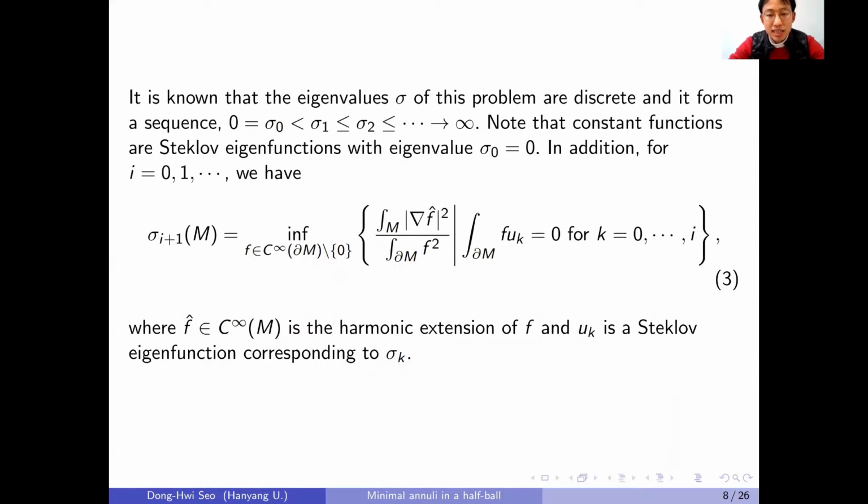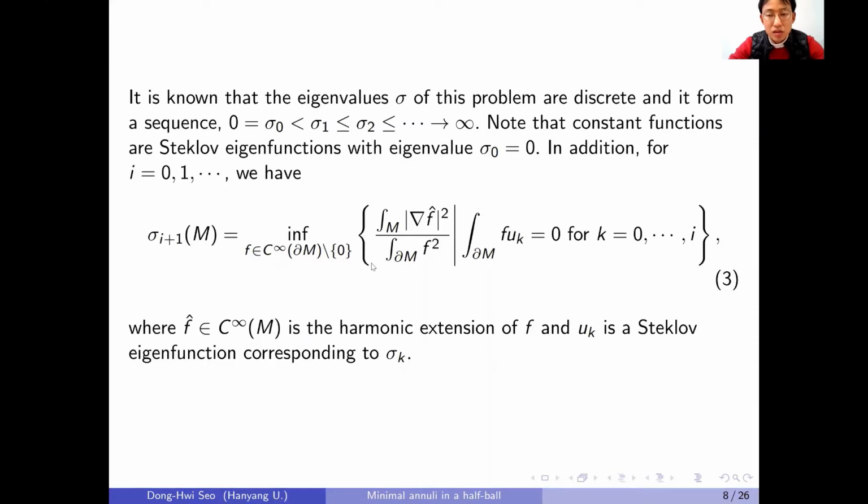So if we consider a test function, a non-zero smooth function defined on the boundary, which is perpendicular to the previous eigenfunctions, then among these test functions, we take the infimum of the value of the Rayleigh quotient.